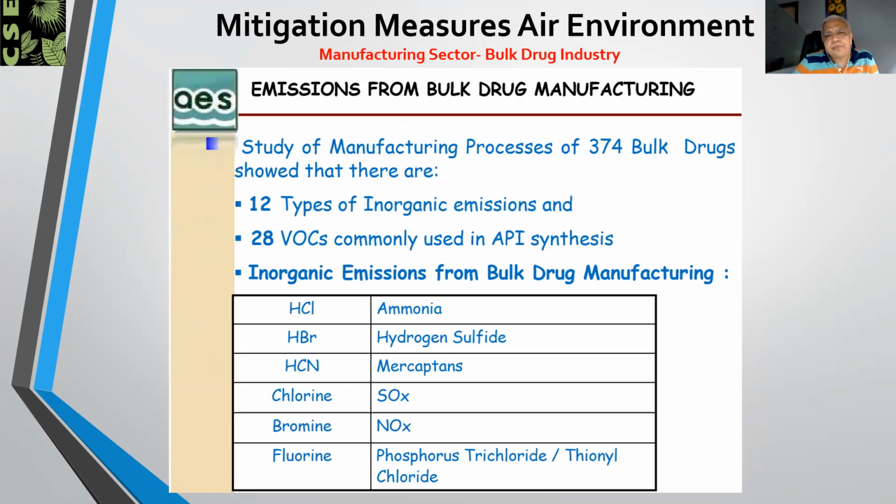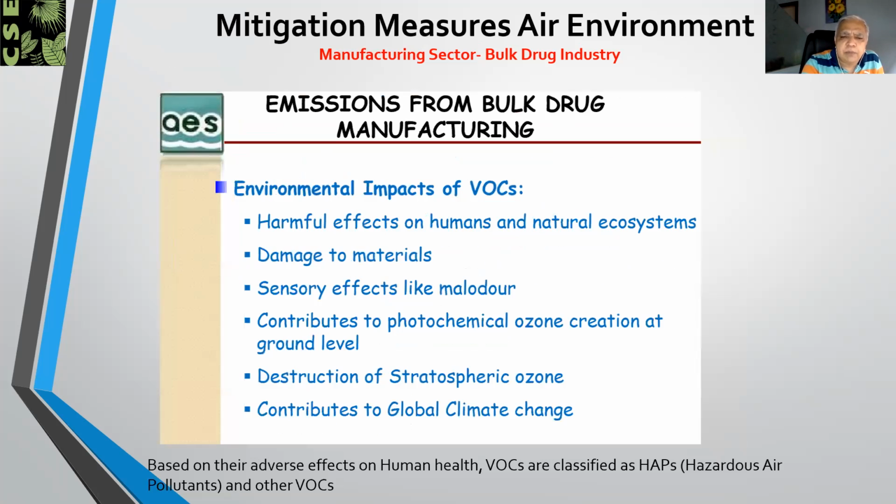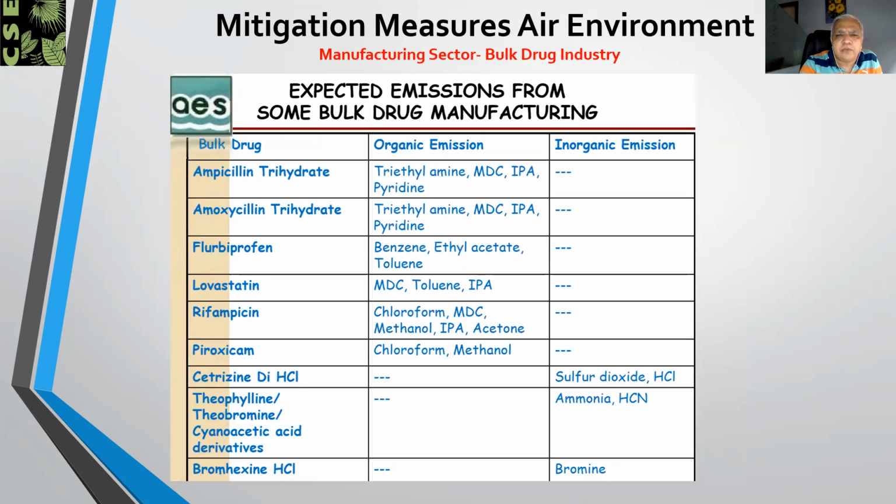Now, a study of about 374 bulk drug processes has shown that there are about 12 types of inorganic gases which may be generated, while there are about 28 types of VOCs, volatile organic compounds, which may be evolved from the manufacturing processes. And the inorganic emissions include hydrogen chloride, hydrogen bromide, hydrogen cyanide, ammonia, chlorine, bromine, fluorine, mercaptans, etc. While we have seen the list of VOCs.